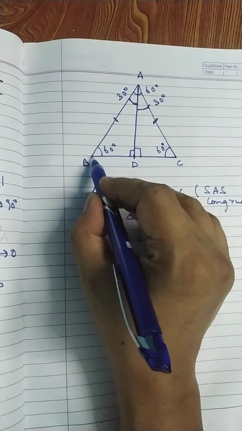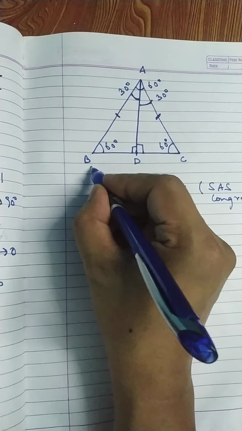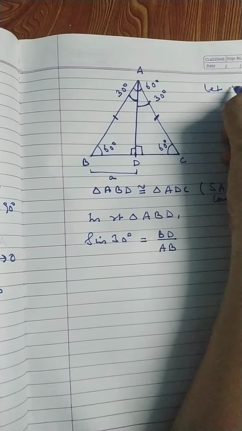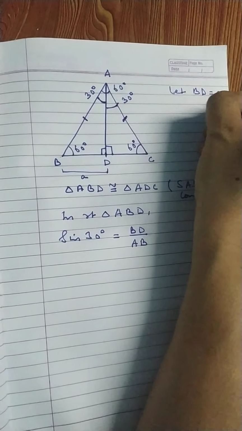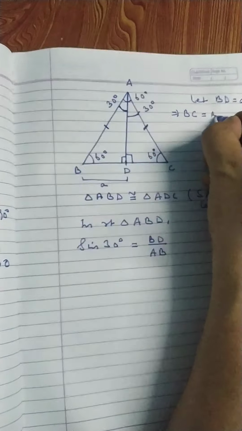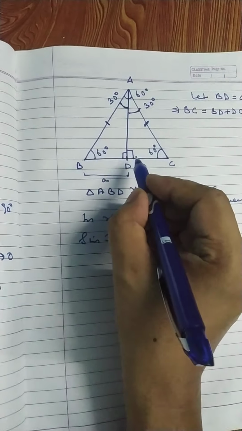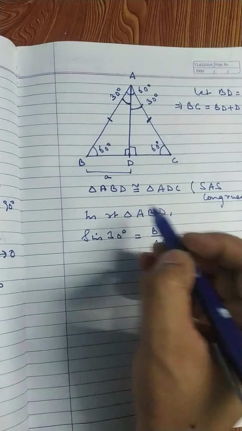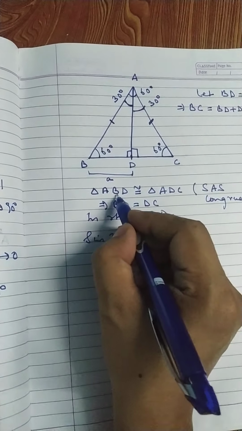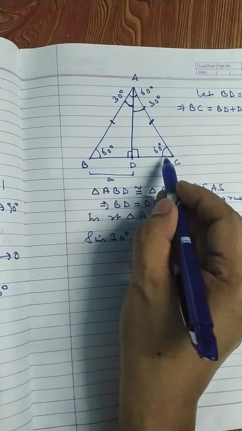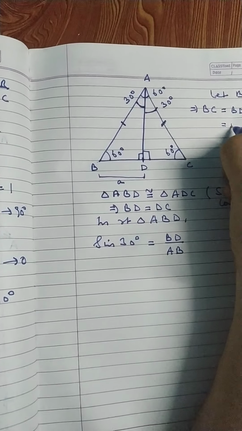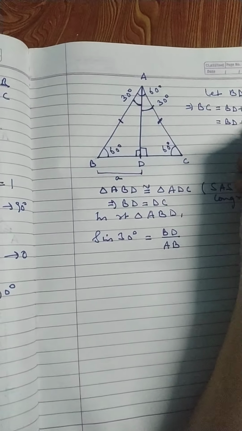Let BD be equal to A. Then the length of BC is equal to BD plus DC. By congruency, BD is equal to DC, because these two triangles are congruent to each other, so this side should be the same. So in place of DC we can write BD.